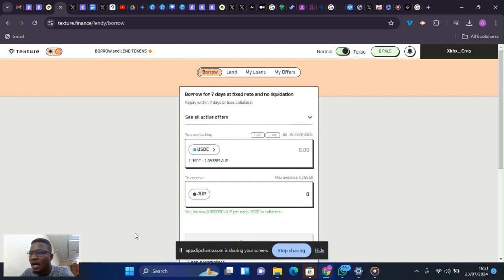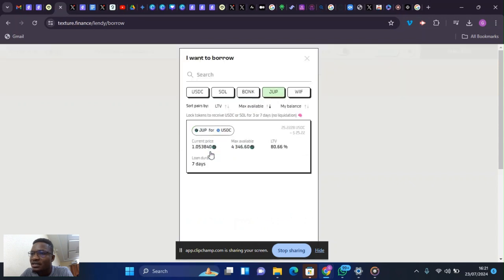On this page, the UI is very straightforward and they are still building and developing, so expect even a big banger in the coming months. To borrow, I will need to be here. You can see my cursor, and I can choose the token I want to borrow.